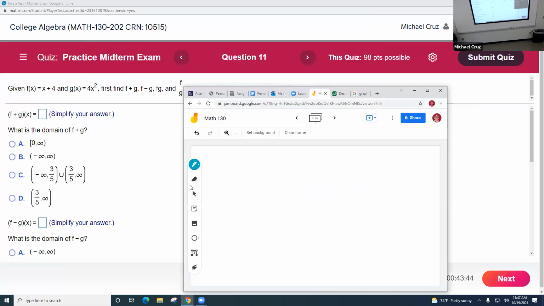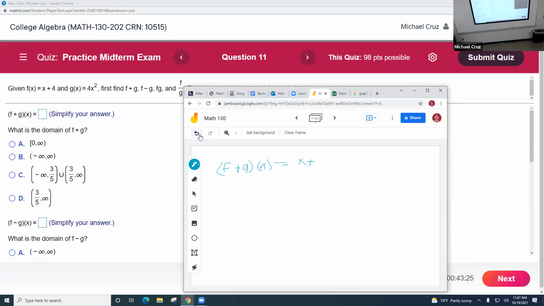So we want f plus g of x, which is just going to be equal to x plus 4.